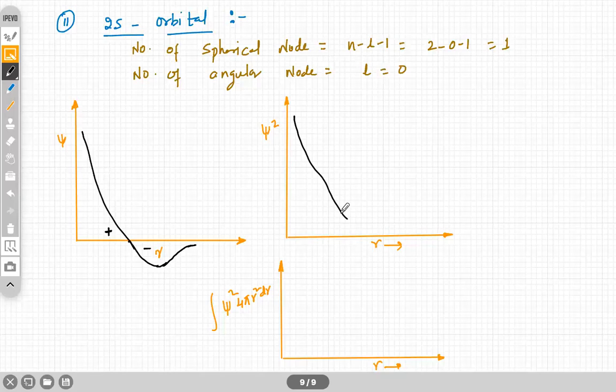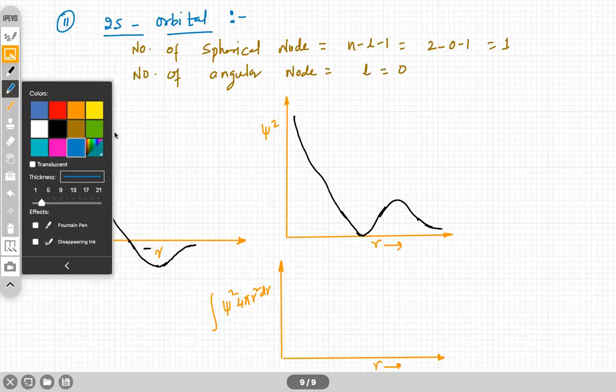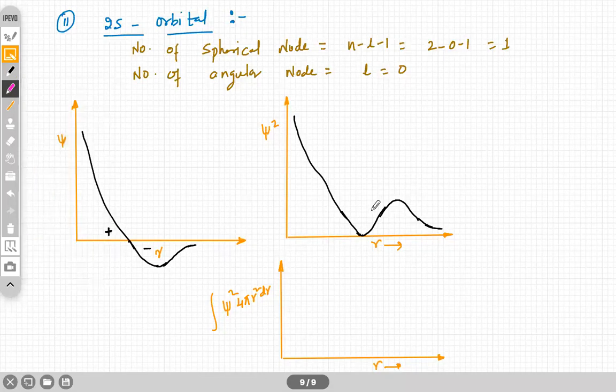It comes down, and at this point, it goes up, comes down and goes like this. So this point is the node we have. One node we have, this is the point where psi square is 0, means probability is 0.